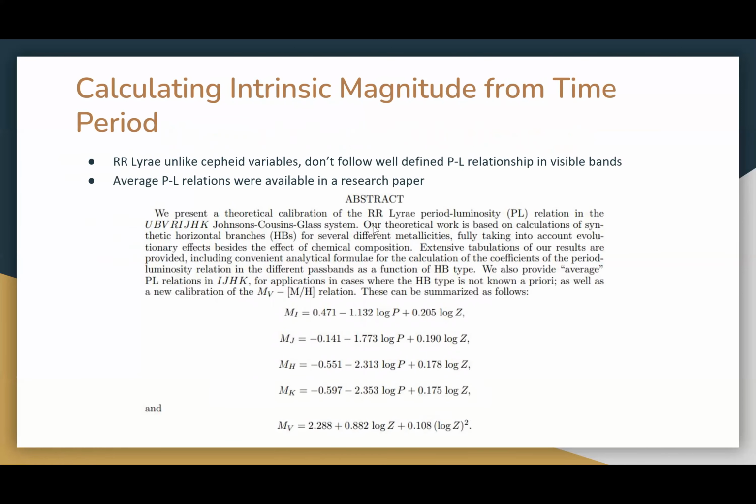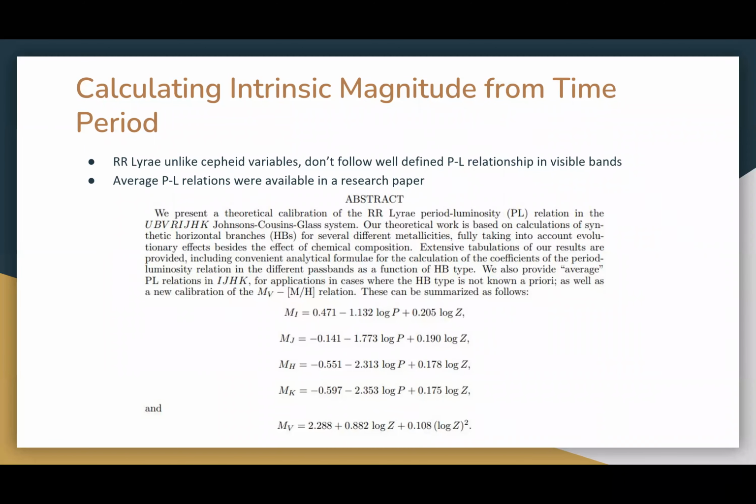Okay, thanks. So now let's move on to calculating magnitudes and distance to the star, our object. We already know that, unlike classical variables, RR Lyrae doesn't follow a well-defined PL relationship in visible bands.